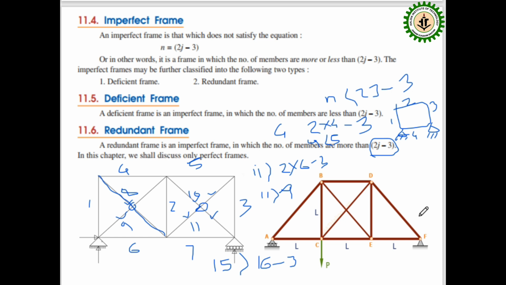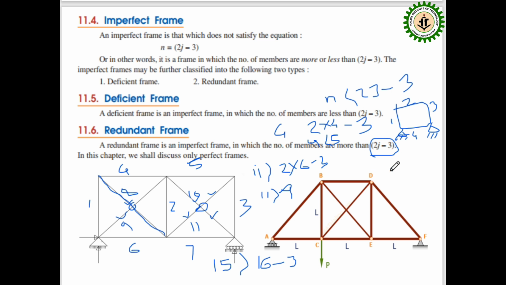Here also one redundant frame is there, and we can calculate it easily. If we go through this quickly, the total number of members is 1, 2, 3, 4, 5, 6, 7, 8.